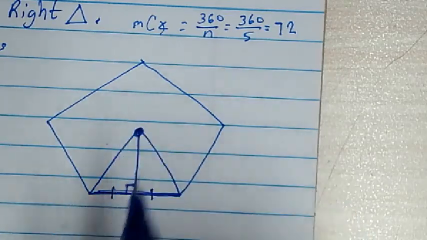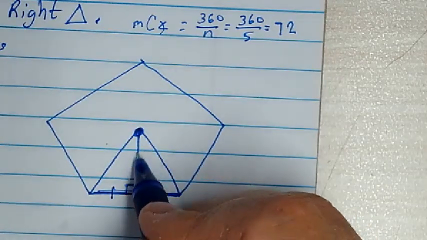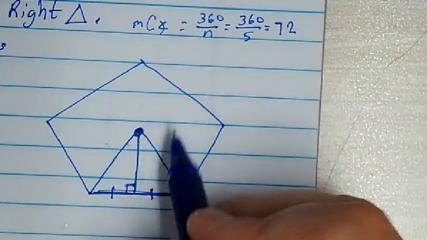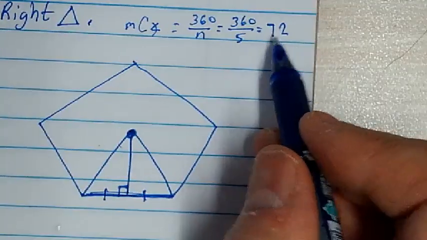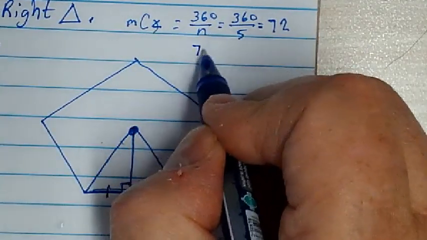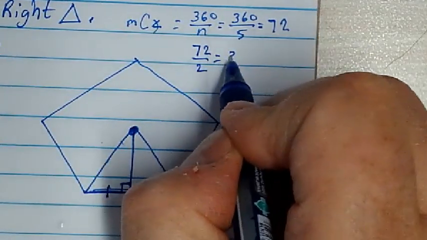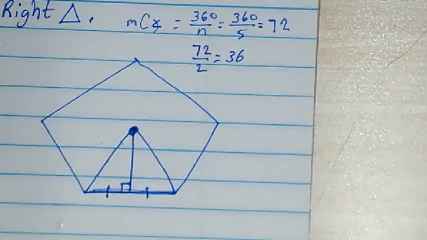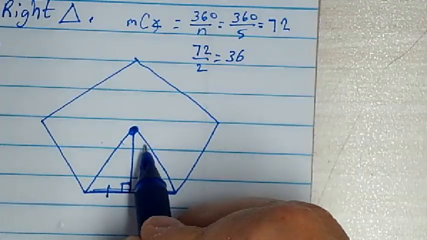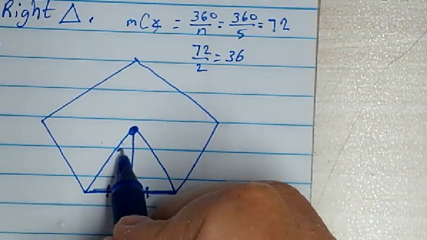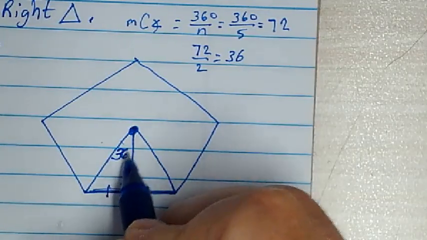But not only that, this apothem bisects the central angle. Now remember we said the central angle in this particular case was 72 degrees. So if you take 72 and divide it by 2, it gives you 36. All I'm telling you is that whole entire angle, which was 72, was bisected. So guess what? This angle is 36 degrees.